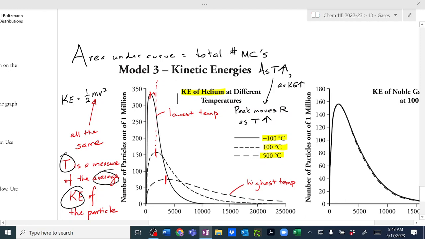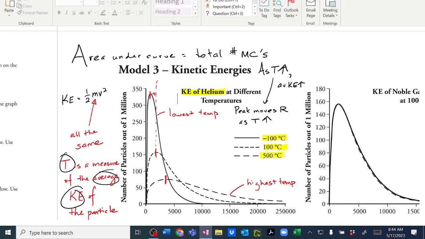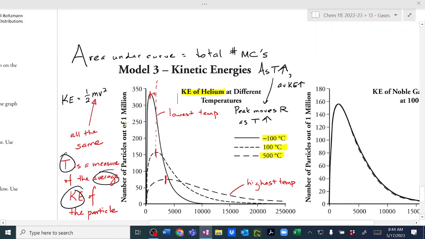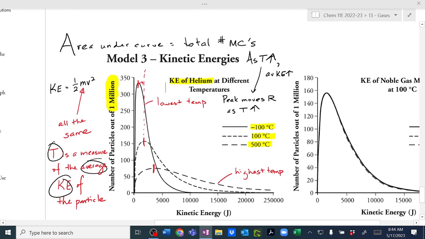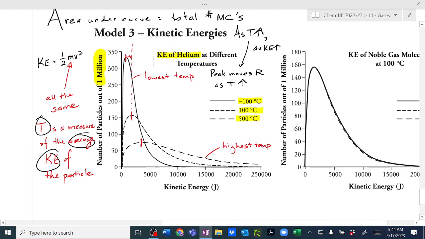So if the area under the curve represents the total number of molecules, our total number of molecules in this case is 1 million. Yes? So the total number of molecules is staying the same for all of these curves. What we can look at then is this curve here, which ends way over to the right.